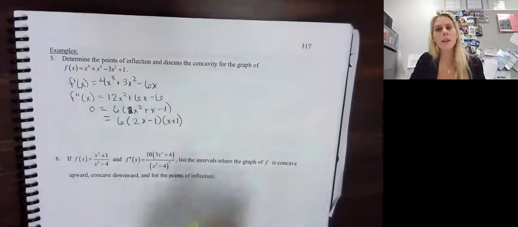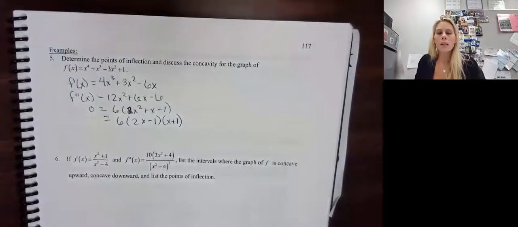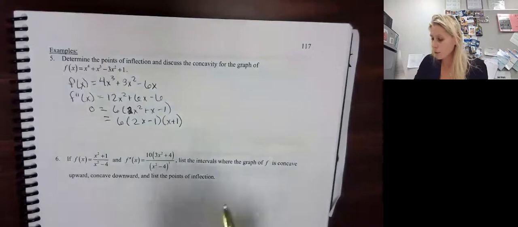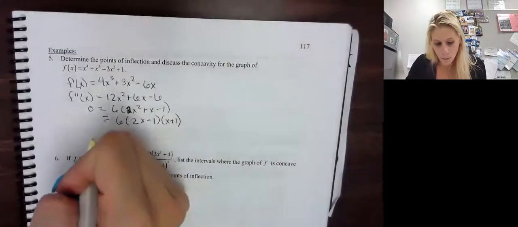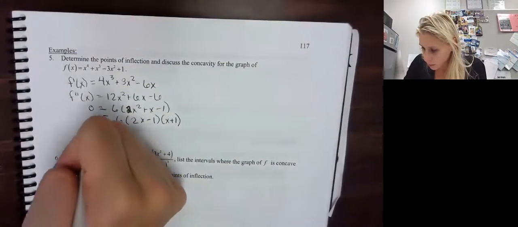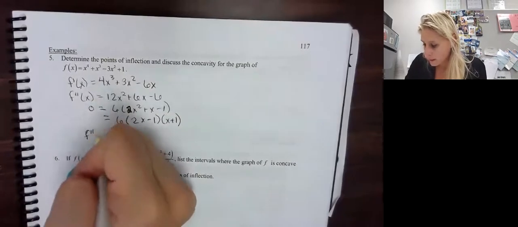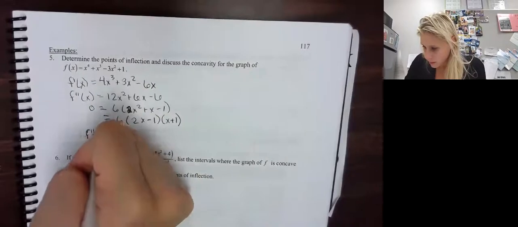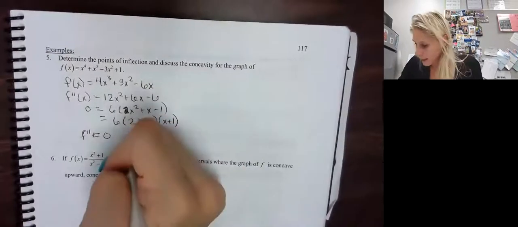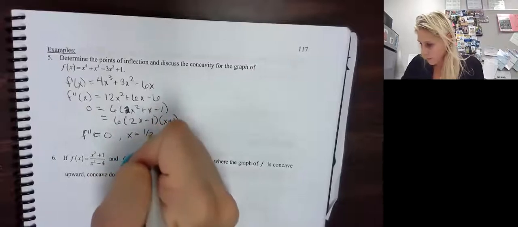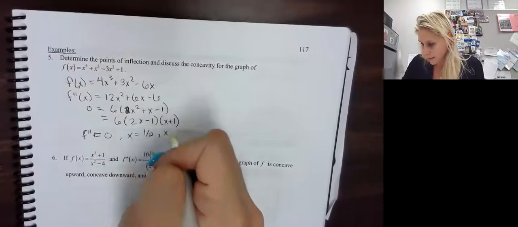Okay, I know it might take you a little bit more time to factor that, but it's okay. Now, we know that f double prime is never undefined. We just went over that. But we know that f double prime is 0 when x is 1/2 and x is -1.